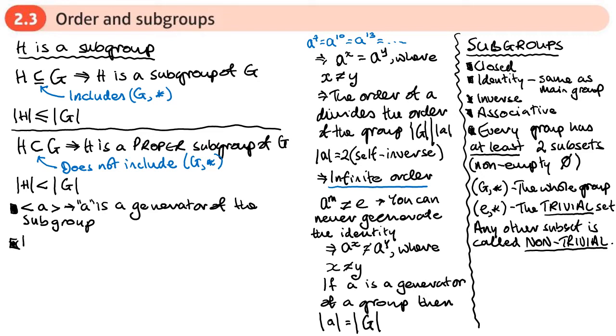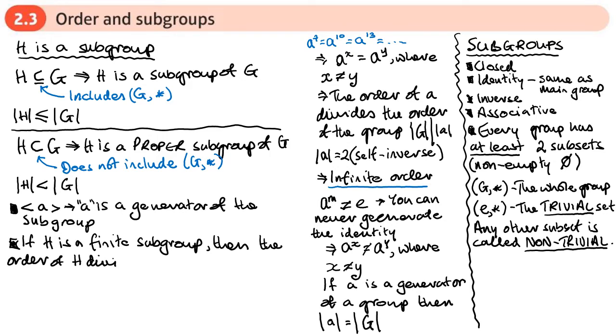Now, if H is a finite subgroup, so it's a subgroup with a finite number of elements, you can have infinite subgroups as well, then the order of H, the subgroup, divides the order of G. We can write it like this.